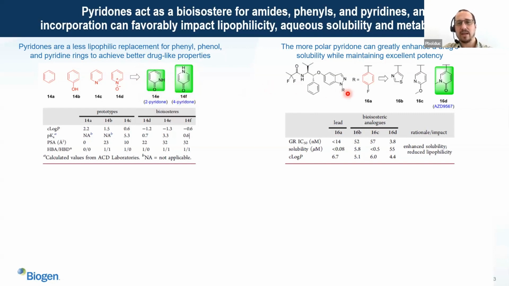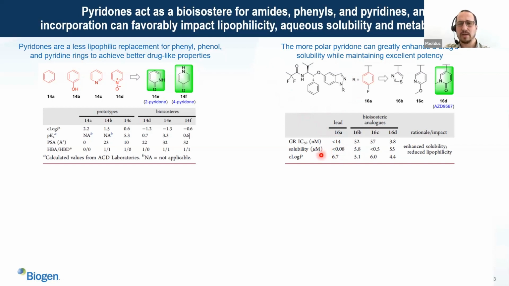Here I've extracted an example from AstraZeneca that shows exactly that, where they have this lead candidate described as 16A, which had great potency but an unforgivable solubility profile, which I think is detrimental for a number of reasons beyond formulation. Solubility oftentimes comes as a problem when it's that low in terms of reliability of the data readout for the primary and secondary assays that you're going to look at.